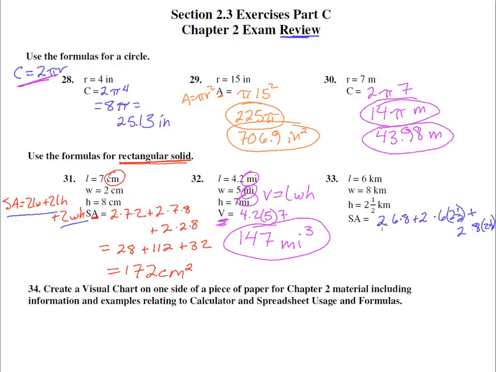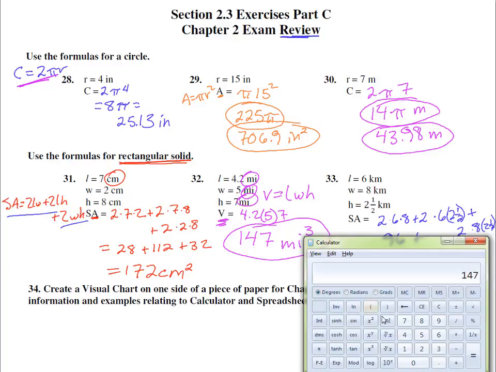That's going to be big. 2 times 6 is 12 times 8. That's 96. We can do that one by hand. 2 times 6 is 12 times 2.5. Maybe we better punch that in the calculator.